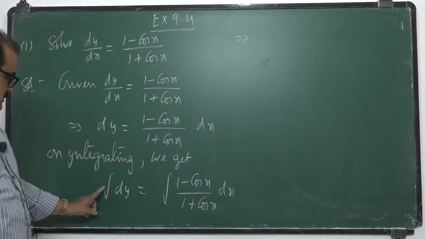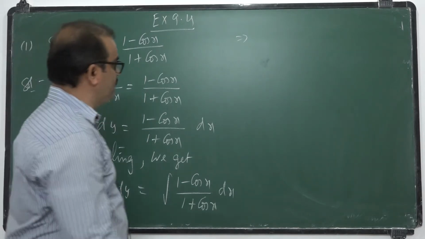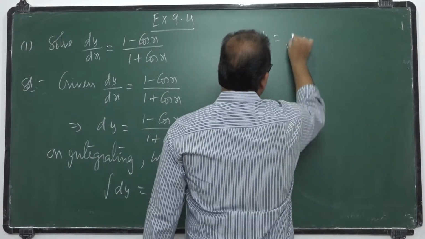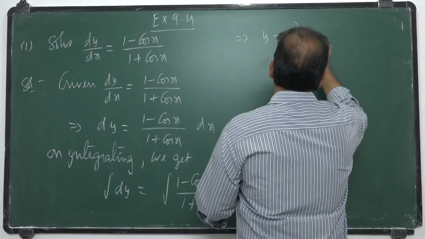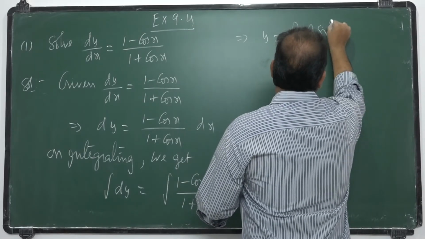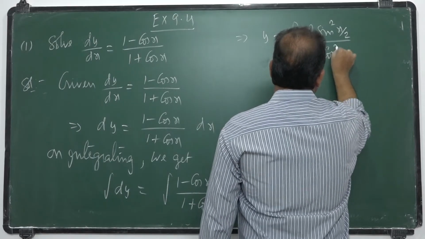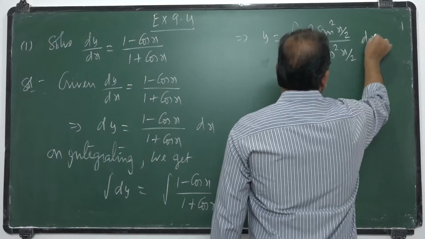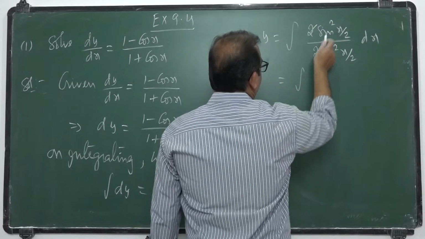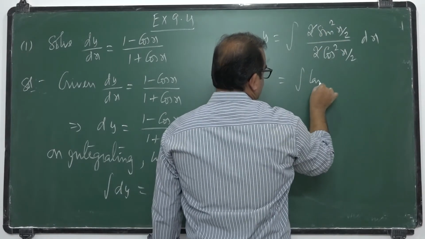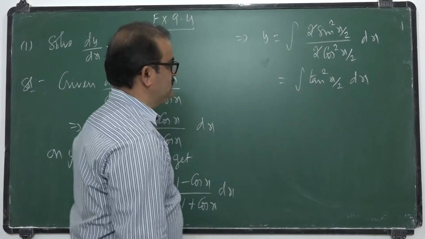See here, integral 1 into dy, y is equal to integral of, write it as half angle, 1 minus cos x is 2 sin square x by 2, 1 plus cos x is 2 cos square x by 2, dx. 2 cancel, integral of sin square by cos square, this is tan square x by 2 into dx.